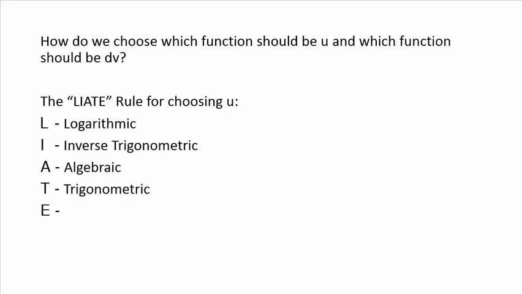And so you'd have to keep reapplying integration by parts because you're not getting anything that'll cancel out. And finally, your worst choice for u would be exponential functions, and that's simply because when you take a derivative of an exponential, nothing happens. It spits out the function that you just took a derivative of.